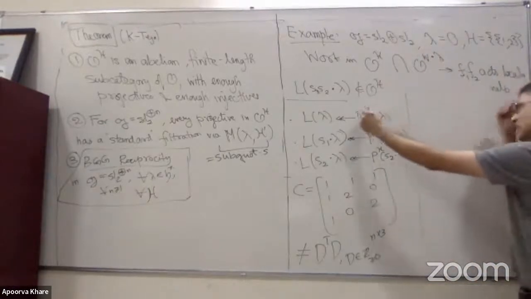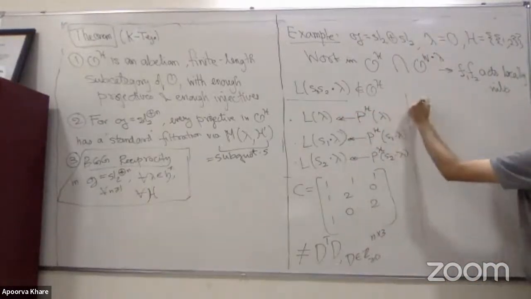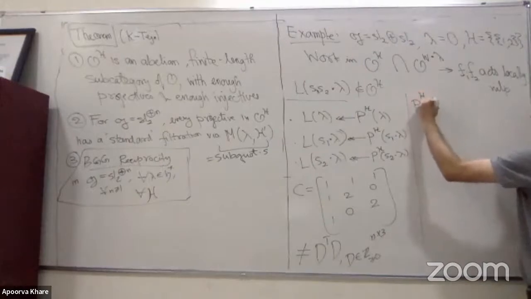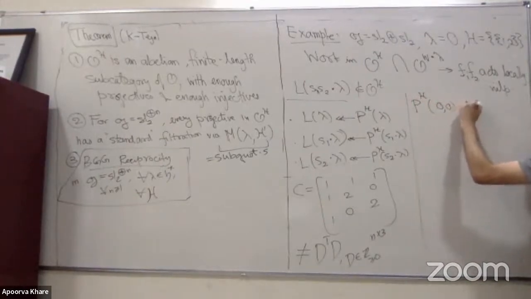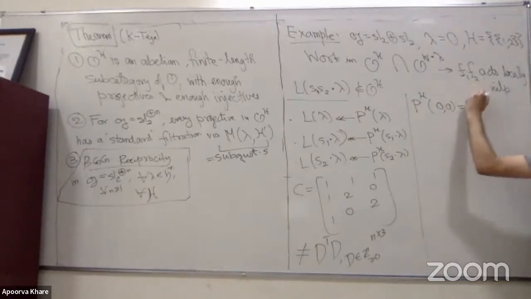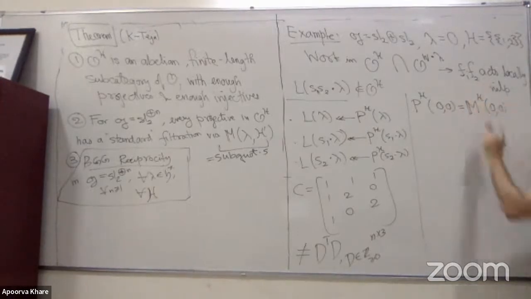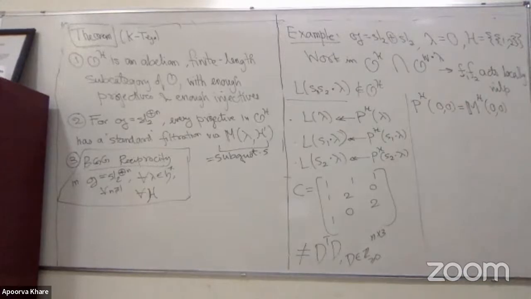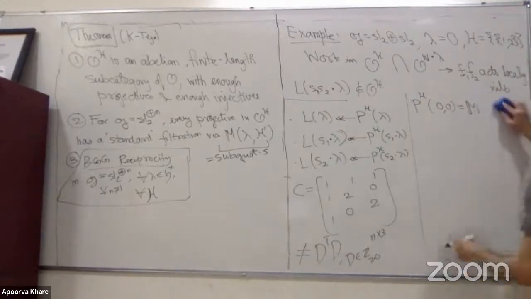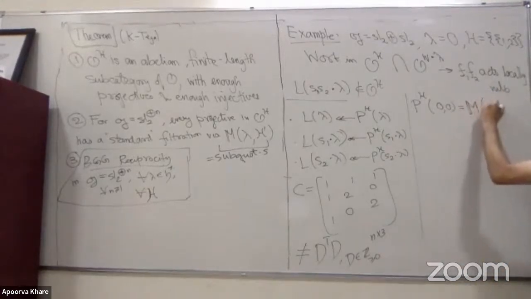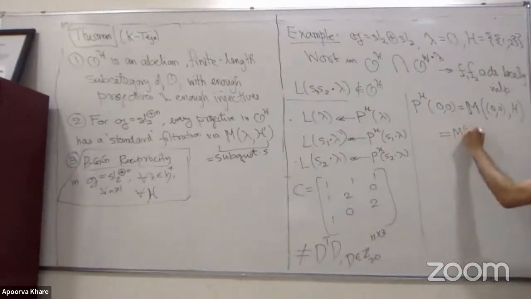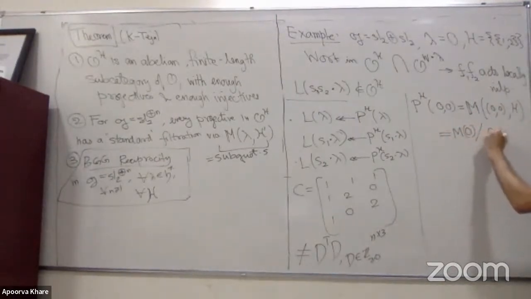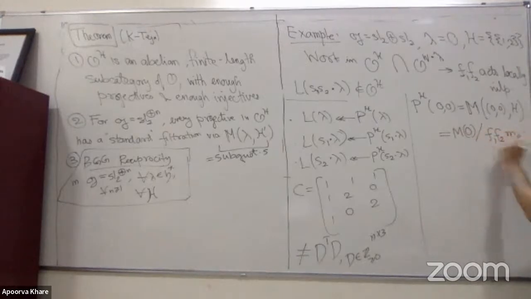The first one here, this projective, P^H of 0, 0 if you will, is actually the standard, the second order Verma module, M of 0 to the power h. What is this? This is literally M of 0 quotiented out by F1, F2 and 0, U(g).